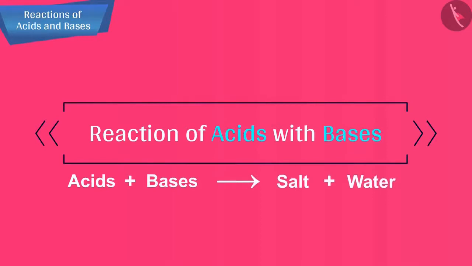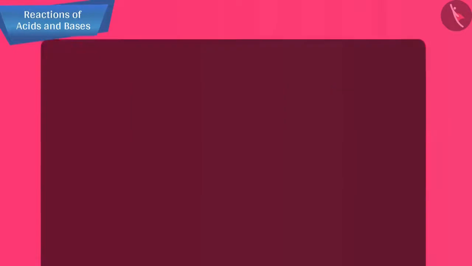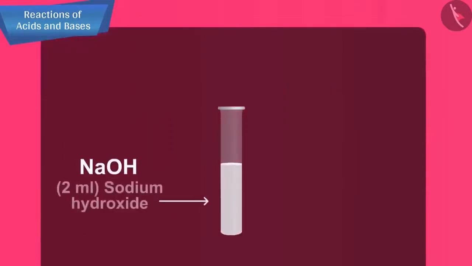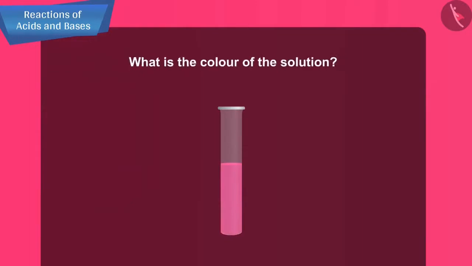Let us know about it through an activity. Take about 2 ml of dilute NaOH solution in a test tube and add 2 drops of phenolphthalein solution. What is the color of the solution? The solution will turn pink.